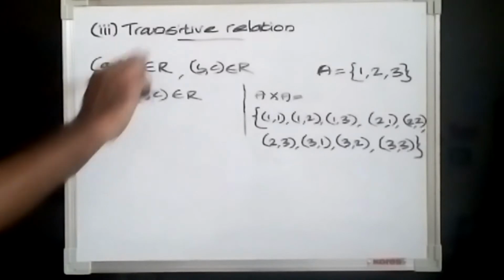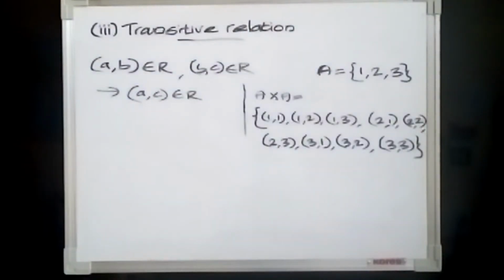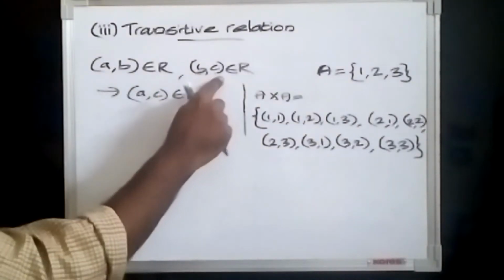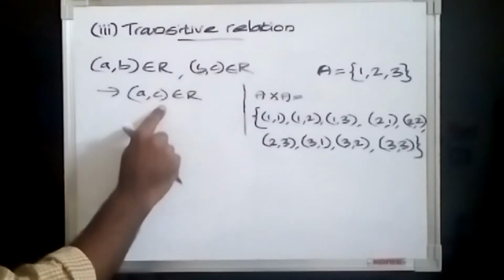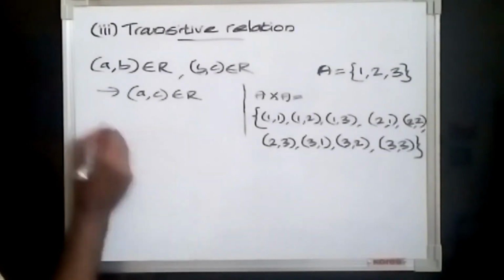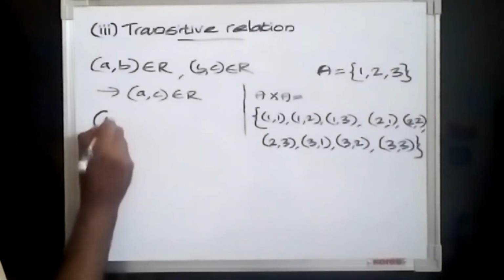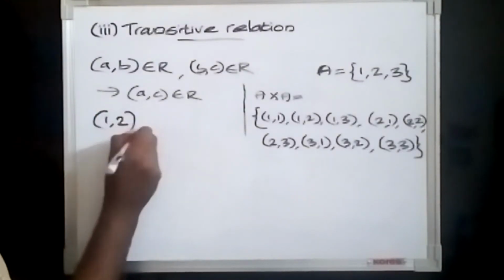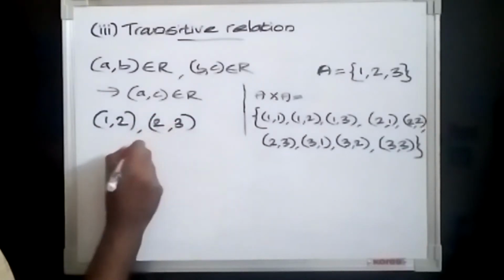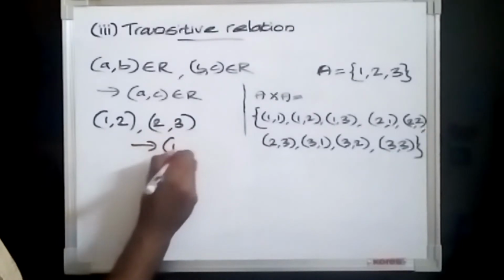The next one is a transitive relation. A transitive relation is one where if (A, B) belongs to R, that is A is related to B, and B is related to C, then A should be related to C. For example, whenever 1 is related to 2 and 2 is related to 3, then 1 should be related to 3.